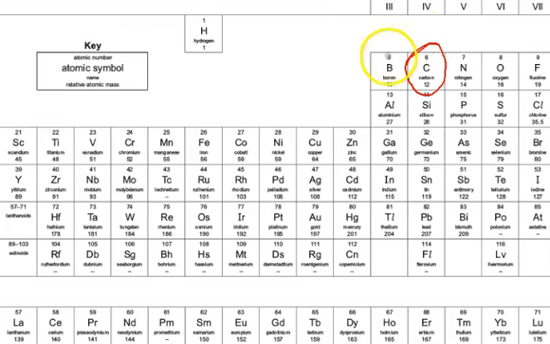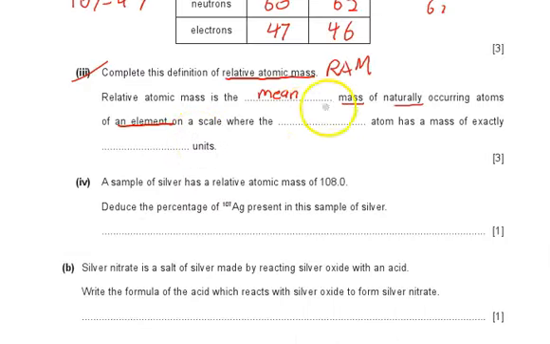It means it is everywhere: in food, in humans, in plants, even in minerals, they do have carbon. Now let us go back to the question. This is the carbon atom. The carbon atom has a mass of exactly 12 units. They are referring to carbon-12, which is the nucleon number.